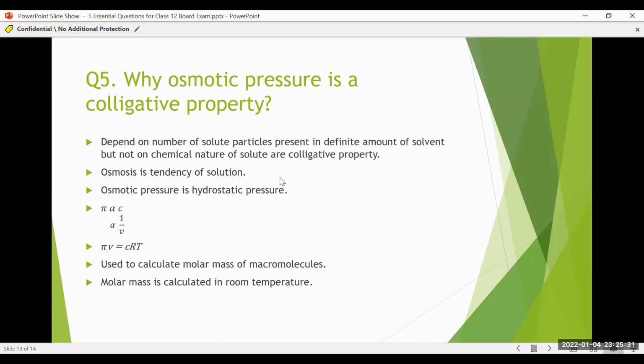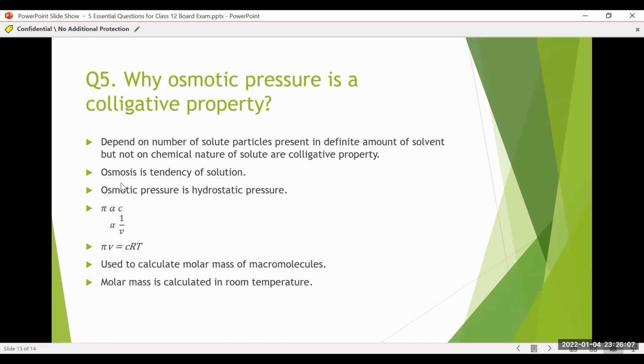A membrane which allows the movement between 2 types of solution, one with the lower concentration and the other with the higher concentration. So we can say osmosis is the flow from lower concentration solution to the higher concentration solution through a semi-permeable membrane.